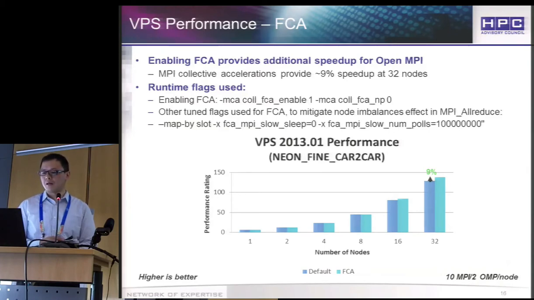It basically offloads part of the MPI collectives that are used, and all reduce is one of them. By enabling FCA with the flags right here, you see that we're able to get some of the time back.